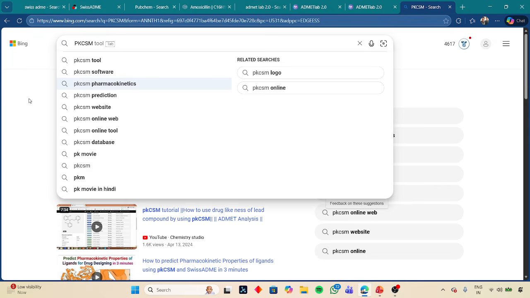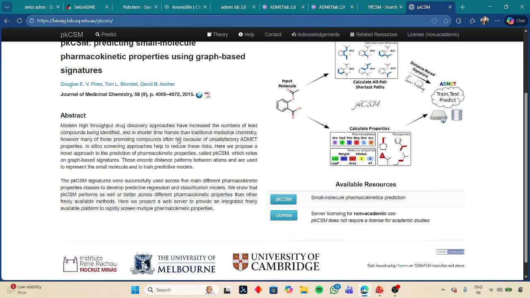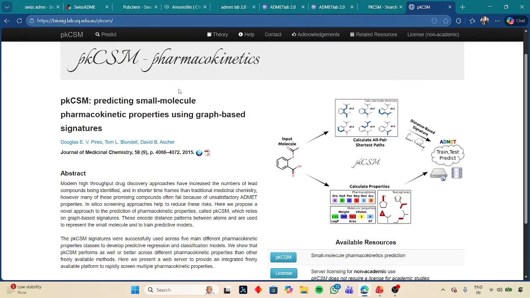So here it is pkCSM. You can see this is the interface of pkCSM.